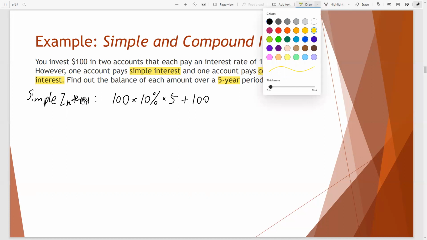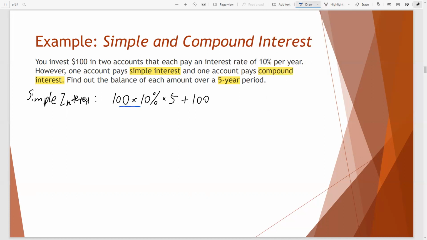Intuitively, this is the annual interest times the number of years, which gives the total interest, plus your principal.